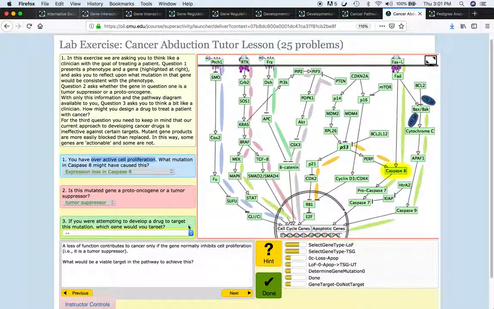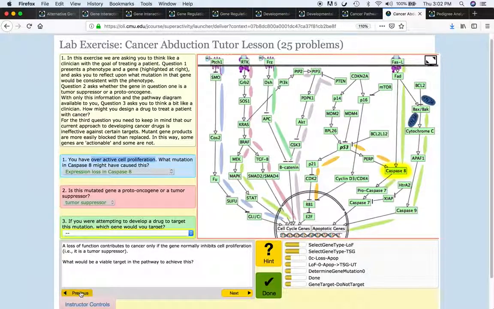And ultimately, the student is asked if they were trying to design a cancer treatment for a patient who had a cancer with a mutation in that gene, how they would treat this particular mutation. Modern cancer treatment involves making a cocktail with a collection of drugs that treat different mutations in a particular patient's cancer.